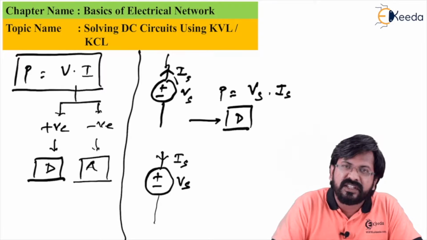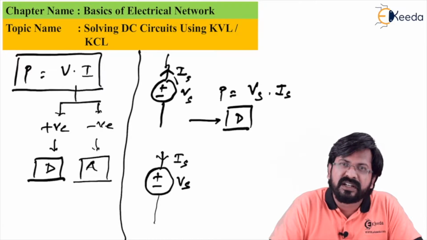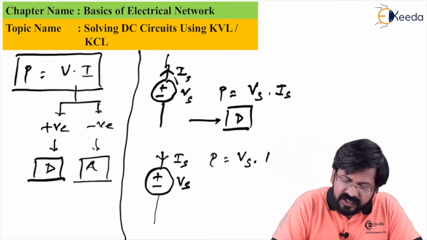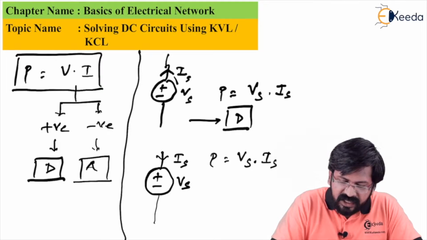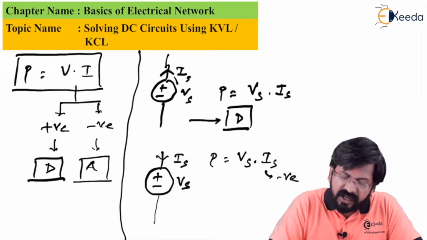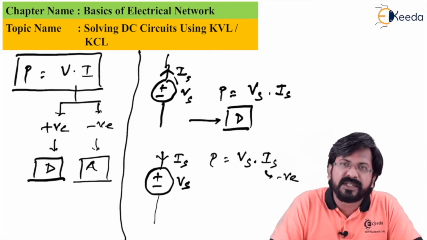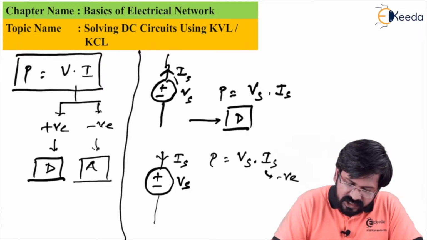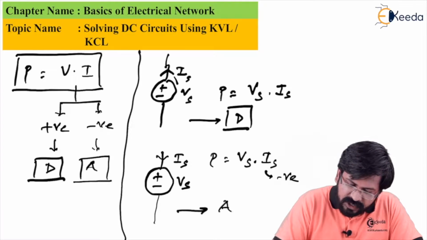In this case, the respective current should be taken as negative. And whenever we say P is equal to Vs times Is, this Is turns out to be negative because of the wrong convention, and therefore this P comes out to be negative. So in this case, we can say that it is not delivering the power, rather it is absorbing the power.